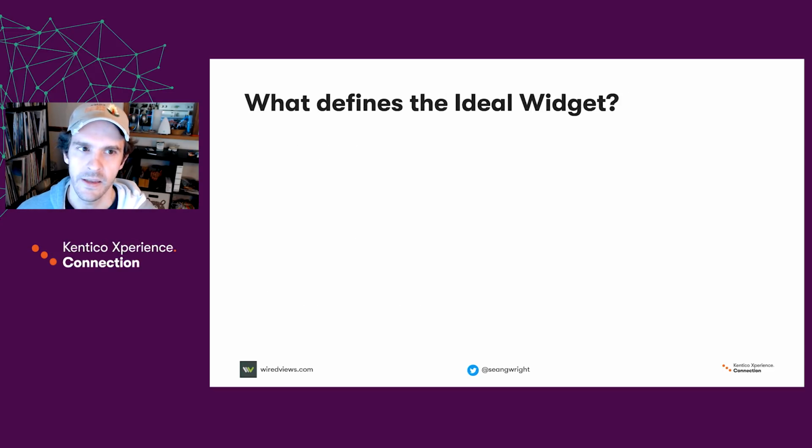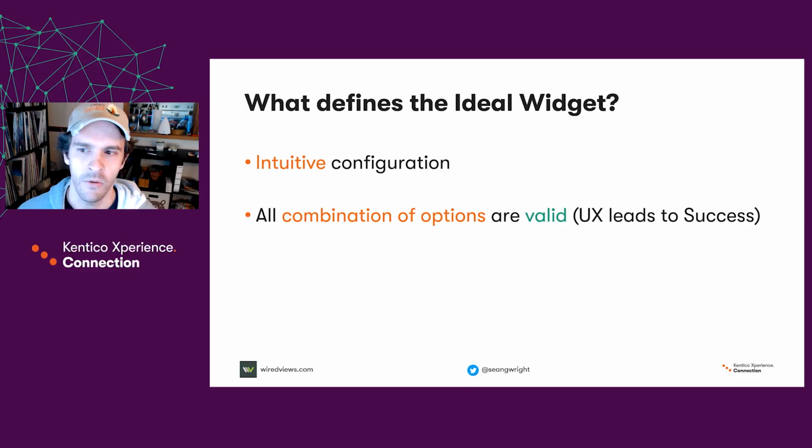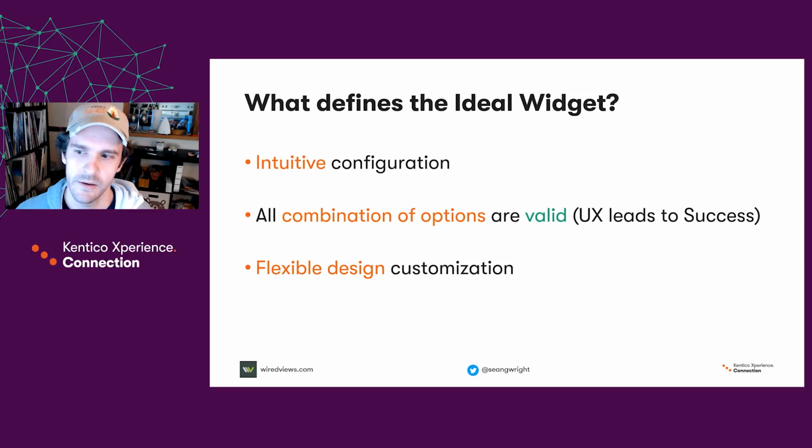So what defines the ideal widget? It should have intuitive configuration. All combination of options should be valid. We want a UX of interacting with widgets that leads to success. We want flexible design customization because this is where we are doing the application of design onto content. So we need to be able to handle all the different design options that are enabled by the site design.